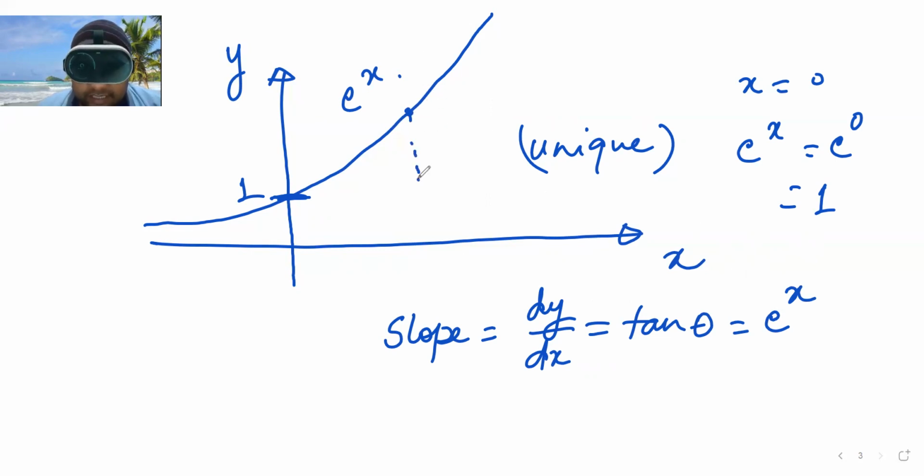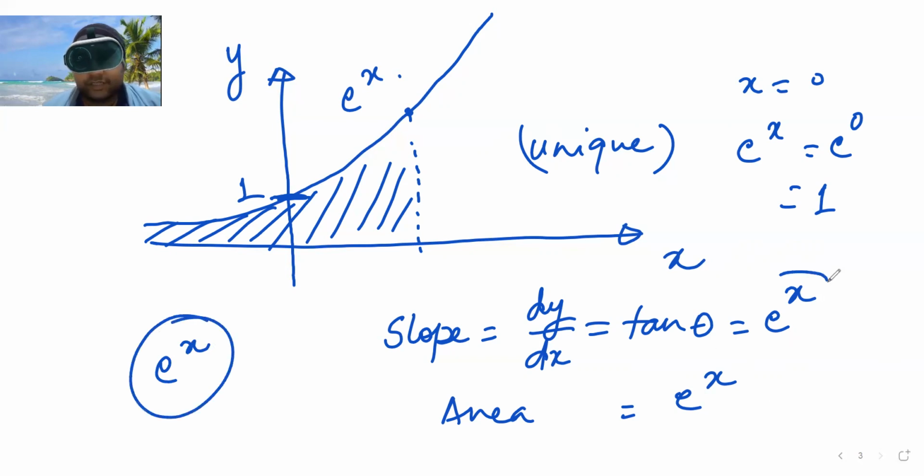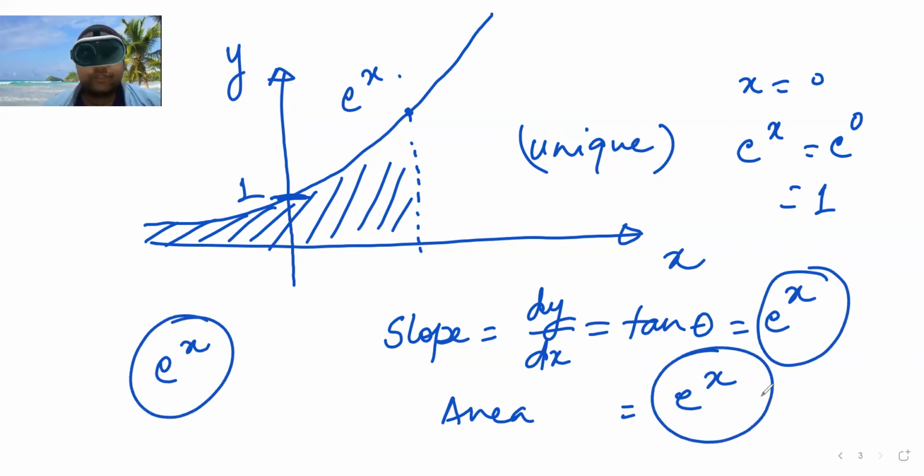If you calculate the area under the curve at the same point, that is also equal to e raised to the power x, and the function itself is e raised to the power x. So you see, if you take a tangent at this point, that makes an angle theta, this tan theta value is also e^x.